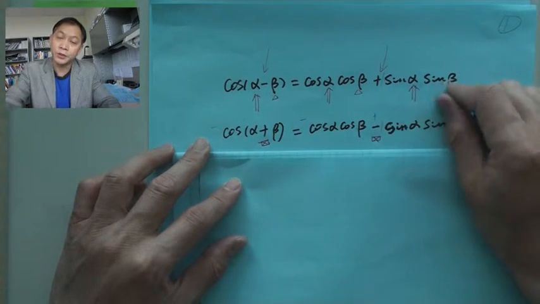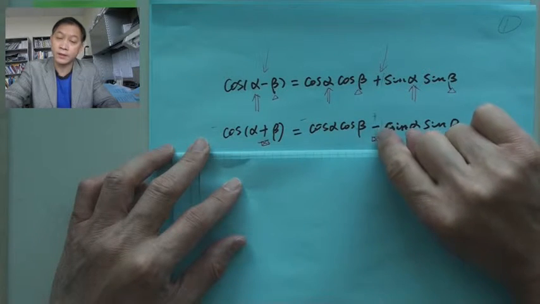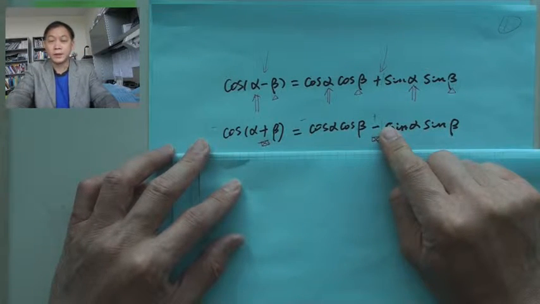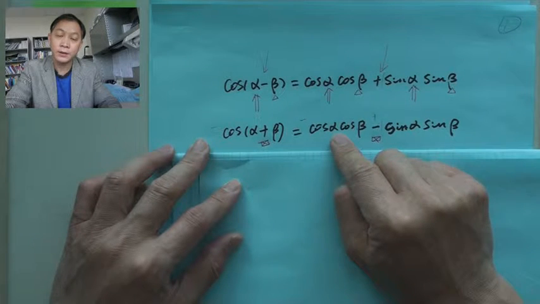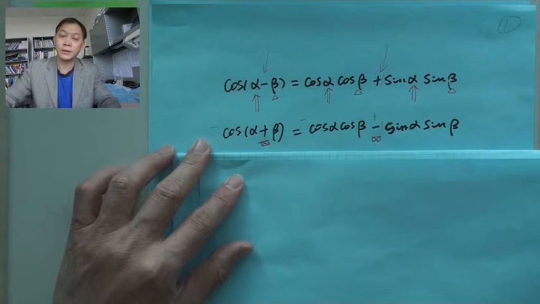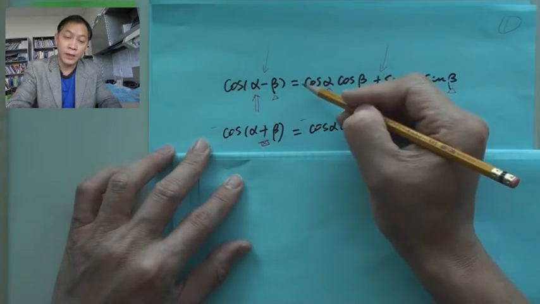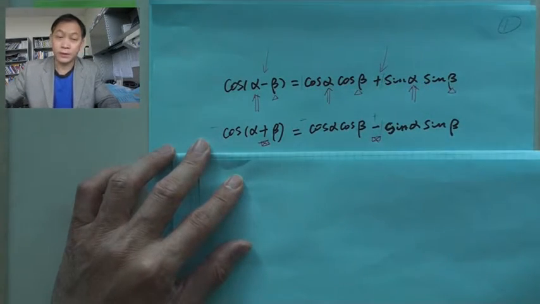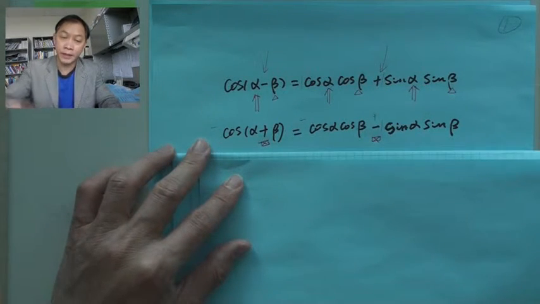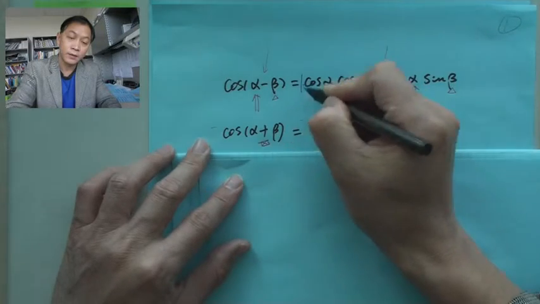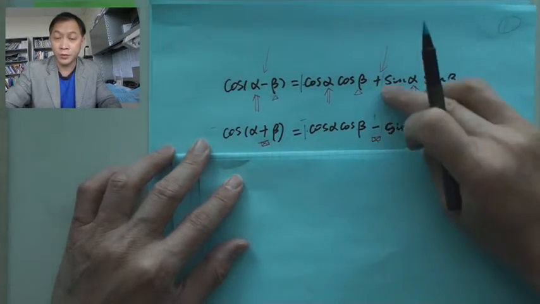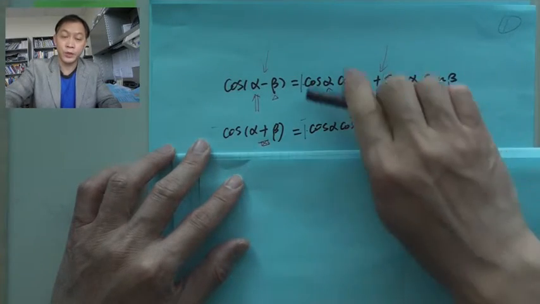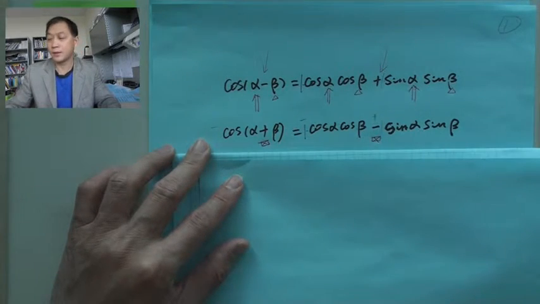These two will be cancelled because one is positive, another is negative. Then the right hand side is cosine alpha, cosine beta. Here there is a 1, here there is a 1. Let me use the pen. If you add, these two will be cancelled, positive, negative, and here you will add together.